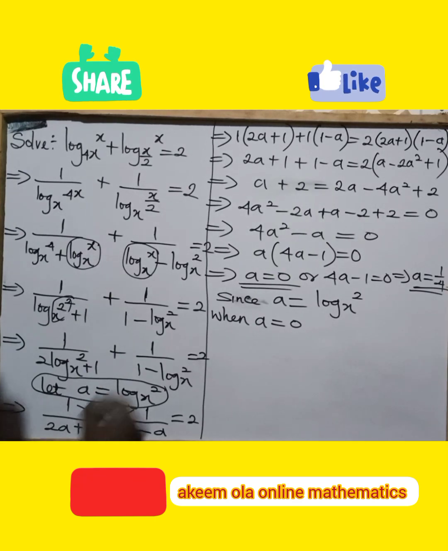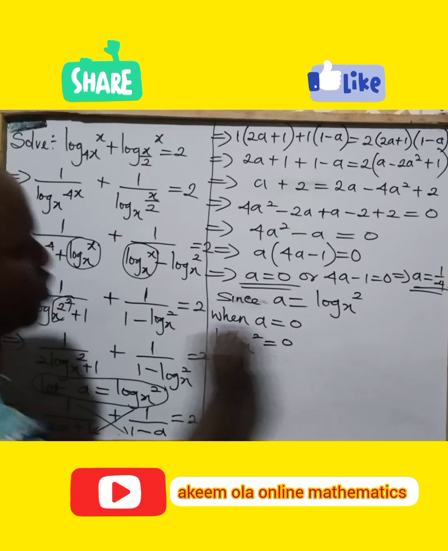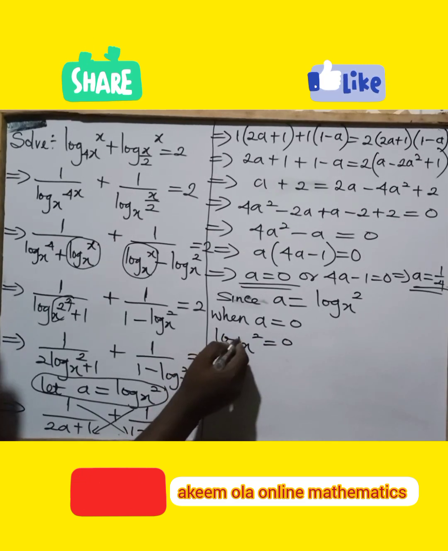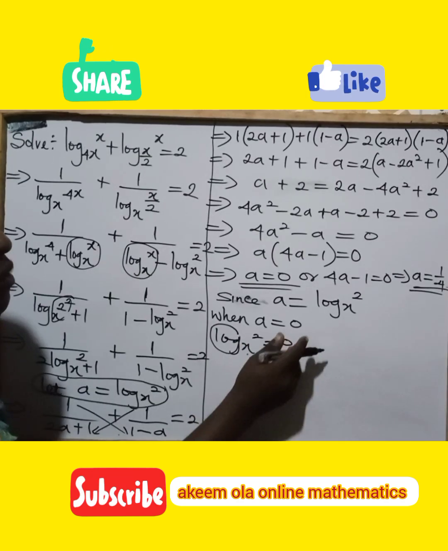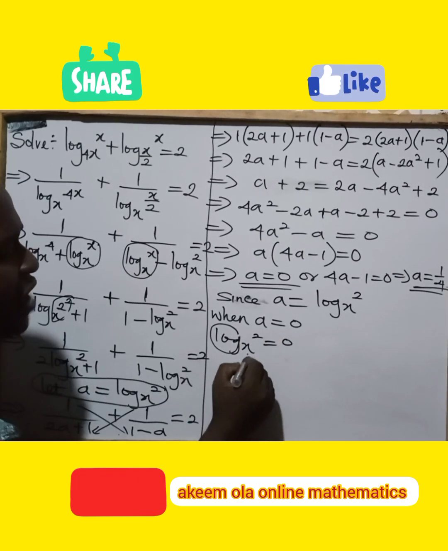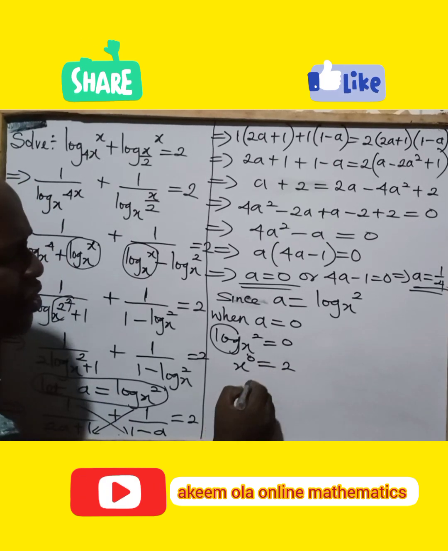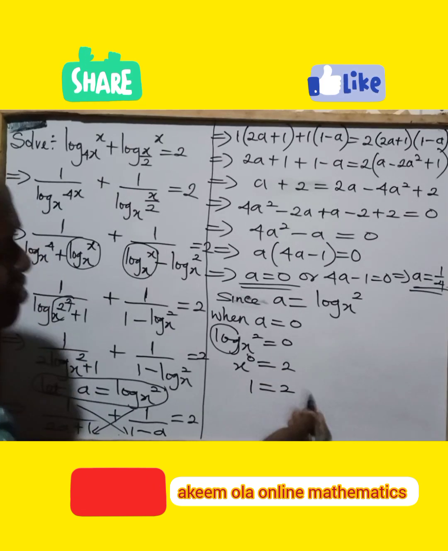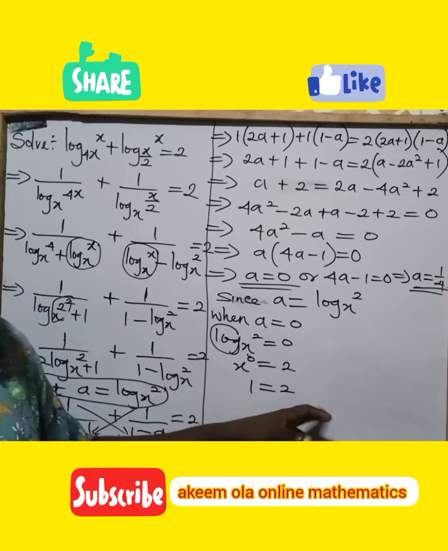When a is equal to 0, that means I'm going to have log base x of 2 is equal to 0. The next thing I will do, I will remove the log sign. If we remove the log sign now, this base here will be raised to the power of 0. That means I'm going to have x raised to the power of 0 is equal to 2. And x raised to the power of 0 is 1. This statement is totally wrong. 1 can never be equal to 2.